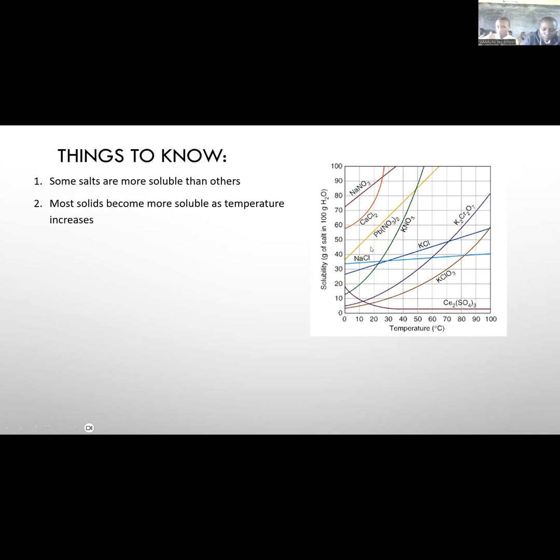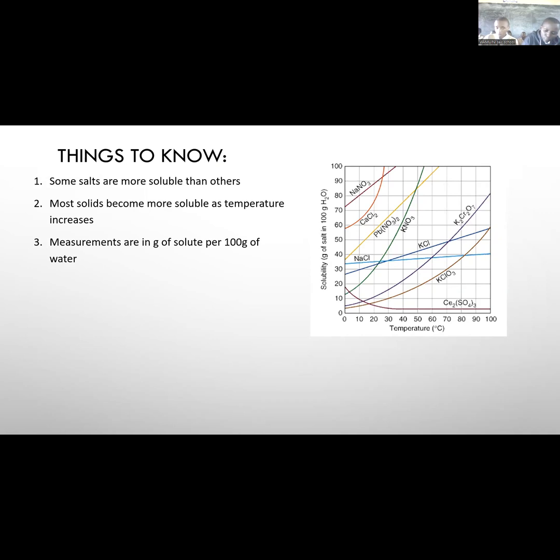Secondly, in general, they become more soluble with temperature. So things dissolve better when it is hotter. The third point is that you need to know that it is always in grams of the solute or the salt in 100 grams of water.